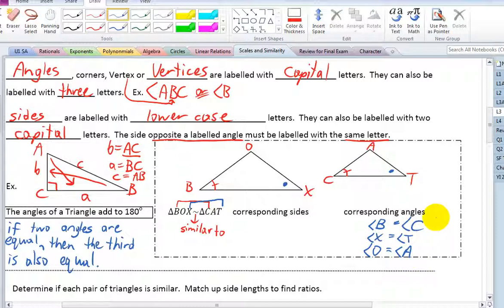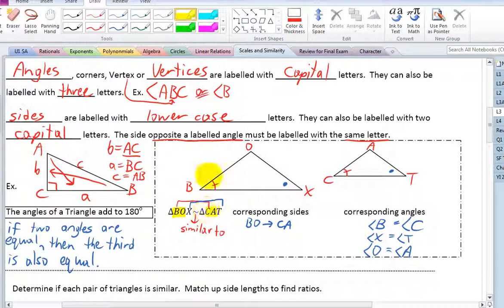Angle A. So you can look from the name as well as the diagram. What about corresponding sides? BO corresponds with what side? CA. So in the name, it's the very first 2 capital letters. Okay. BO and CA are the first 2.